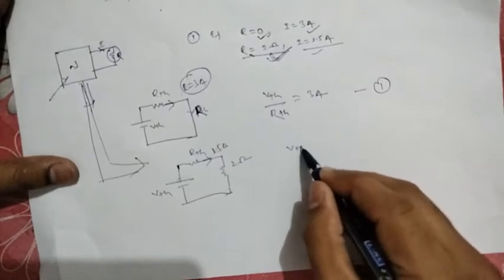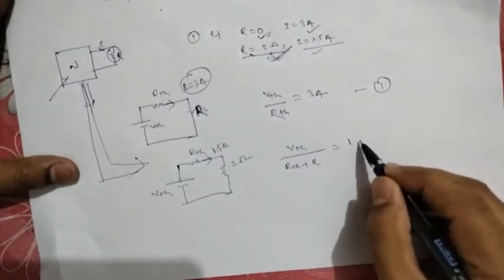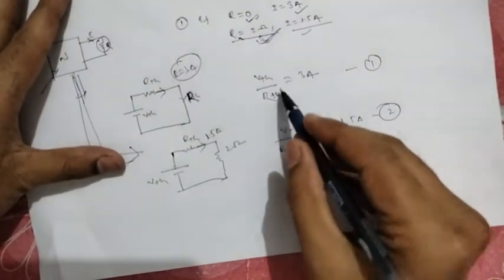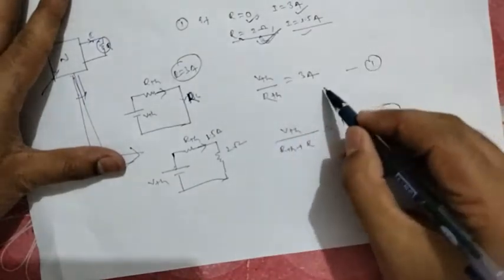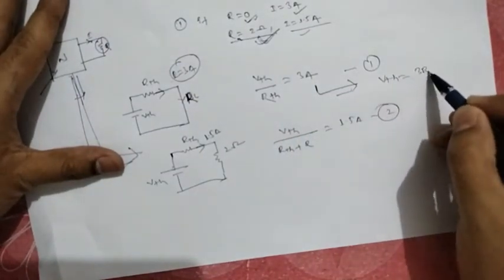Then VThevenin by RThevenin plus R is equal to 1.5 ampere. This is equation 2. Now from the first equation, VThevenin is equal to 3 into RThevenin.